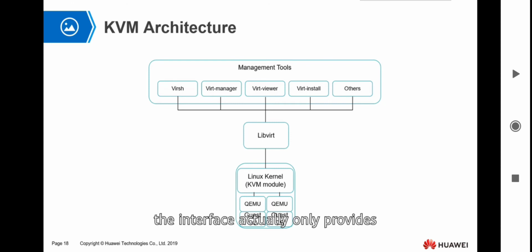Therefore, the interface actually only provides virtualization of CPU and memory. According to what we mentioned earlier, in addition to memory virtualization and CPU virtualization, virtualization still needs some other things, such as network cards, hardware, and so on. At this time, it needs another component, which is QEMU.